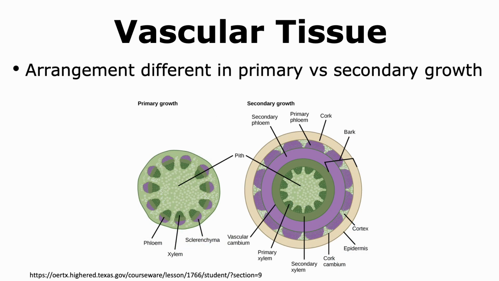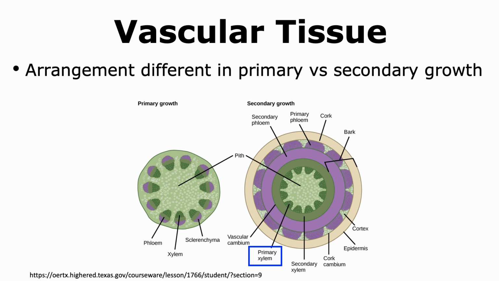The arrangement of vascular bundles changes when secondary growth occurs. We saw that in primary growth, the xylem is the inner part of the vascular bundle, while the phloem is the outer part of the vascular bundle. When secondary growth occurs, the primary xylem, which is the original xylem, is the innermost part of the tissue.